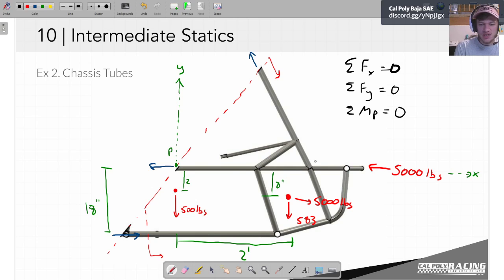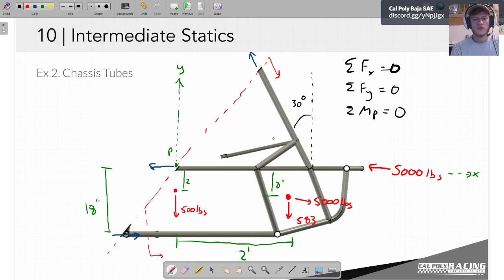One tidbit of information that's probably good to know: the chassis tube here is offset by 30 degrees from horizontal. 30 degrees? Yep, that'd be 30 degrees from horizontal. Or from vertical, sorry.